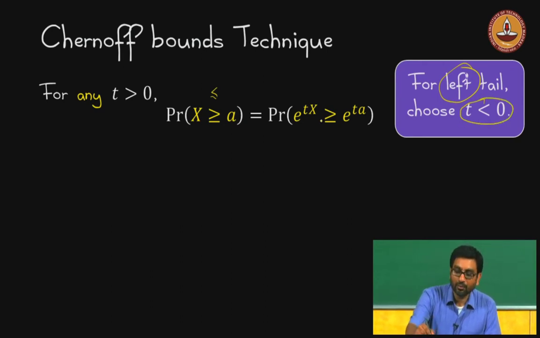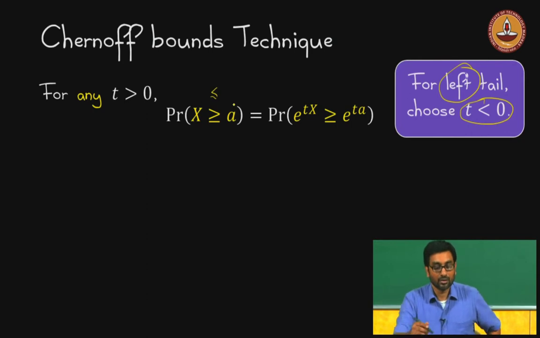So, what will happen when you apply this is, to convert the less than or equal to a into greater than or equal to, you will raise it to the power e to the tx in this context, but t being less than 0, you will have a negative in the exponent.